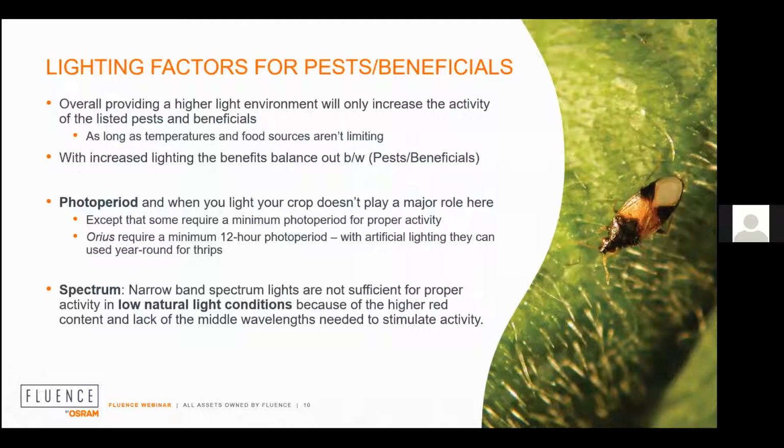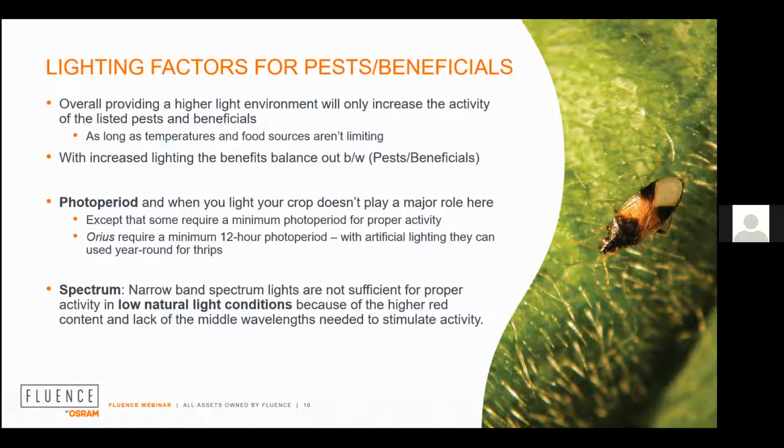Lighting factors that feed into this: overall, providing a higher light environment will only increase the activity of these listed pests and beneficials. So as long as your temperatures and your food sources aren't limiting for your beneficials, just having a higher light environment is always beneficial. With increased lighting, though, the benefits balance out between your pests and beneficials.